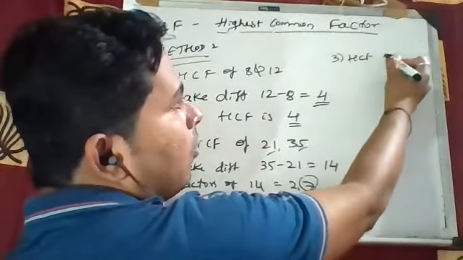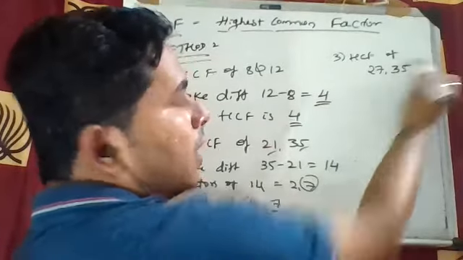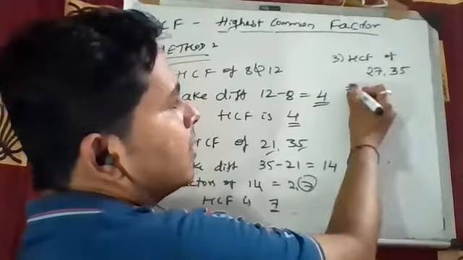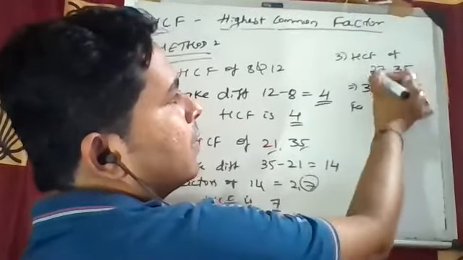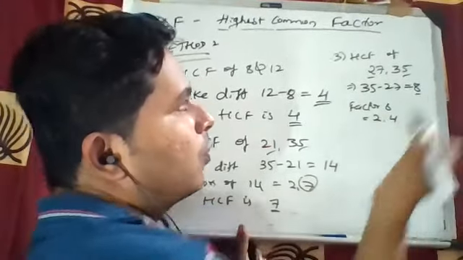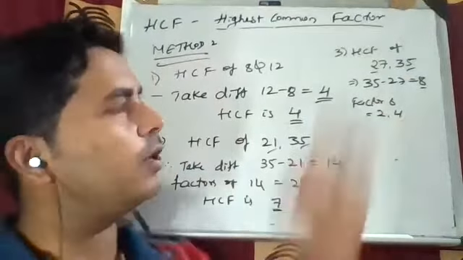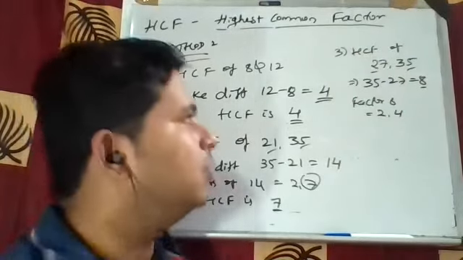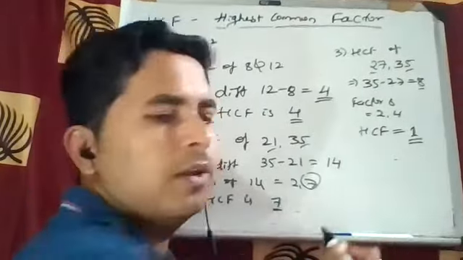Similarly, you try the HCF of 27 and 35. Take the difference: 35 minus 27 is 8. 8 never divides 27 and 35, so the factors of 8 are 2 and 4. 2 does not divide 27, and 4 does not divide 35.